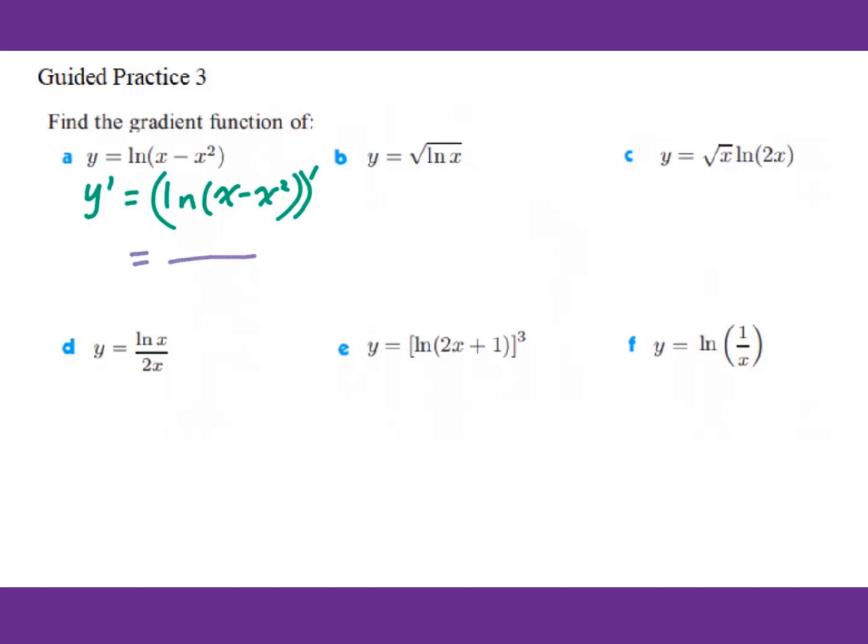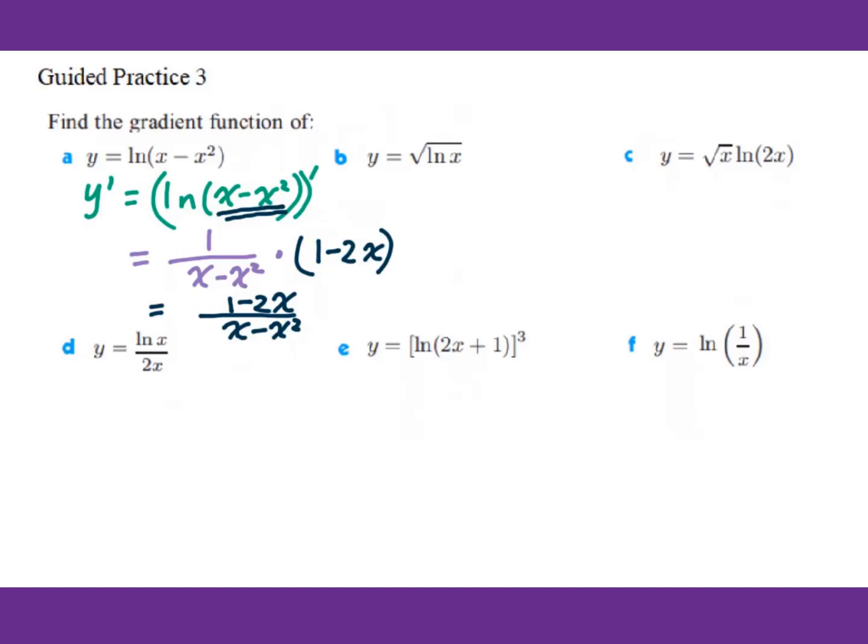That will be 1 over (x minus x squared). Then you have to use the chain rule to take the derivative of the inside. That will be 1 minus 2x. Therefore, (1 minus 2x) over (x minus x squared) will be the derivative of a.